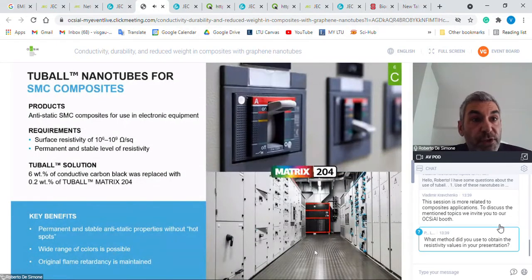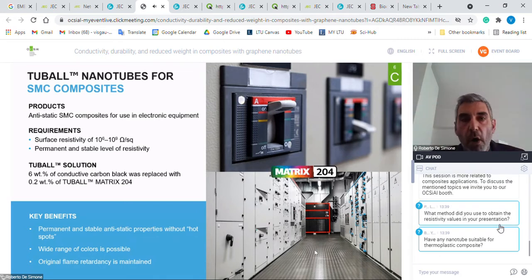Another application, the third one, is SMC composite. You can achieve a very antistatic SMC for use in different electronic equipment like electronic boxes. Even in this case, 6 to 8% of carbon black could be easily replaced by 0.2% of Tubal Matrix, keeping more or less the same benefit.